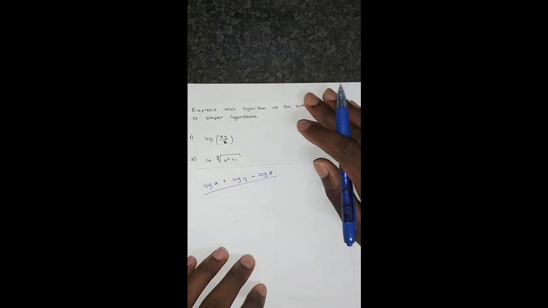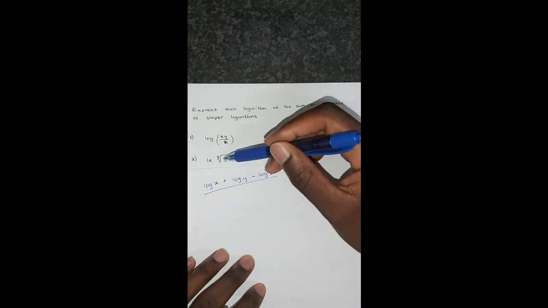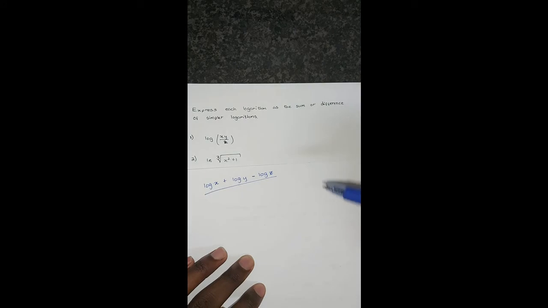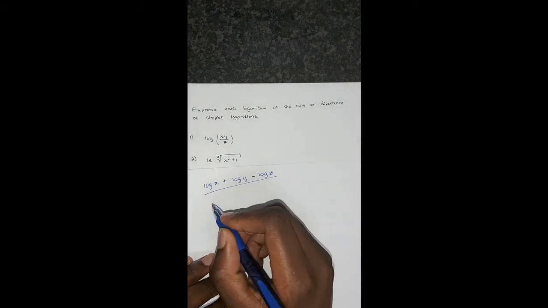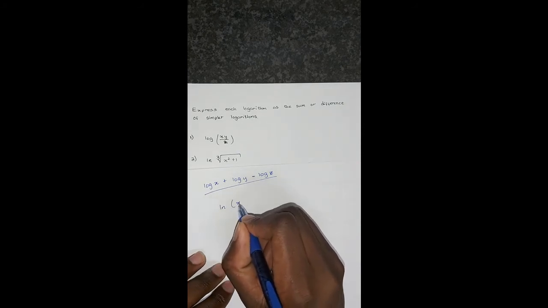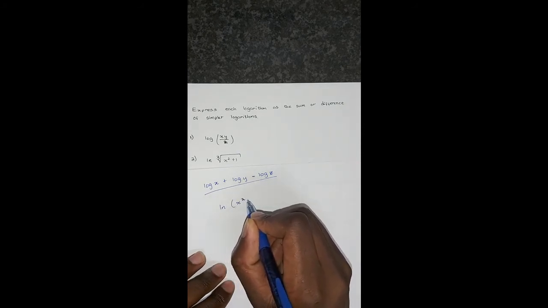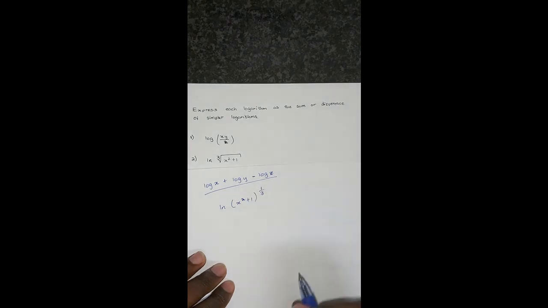And the second one is ln of the cube root of x squared plus 1. What you're going to do with this one, you first of all write it in a simpler way. So it's going to be ln of (x squared plus 1) to the power of 1 over 3.